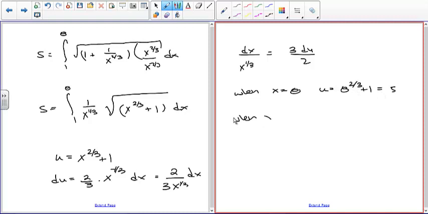And when x equals 1, u equals 1 to the 2/3 power, which is 1, plus 1, which is 2. So those are the changes of limits. So we can rewrite this integral as the integral from 2 to 5 of, I'm going to factor out the 3/2, 3/2 times the square root of u du.